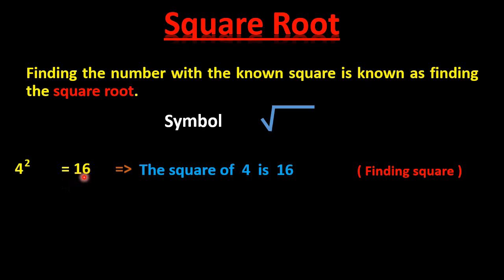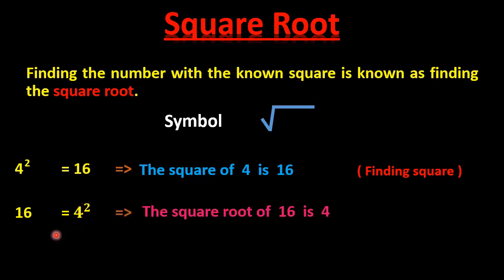So 16 will be given, and we know that 16 is the square of 4. So if we take this 4, then we can say that the square root of 16 is 4. So this is finding the square root. In other words, we can write this as square root of 16 equals 4.